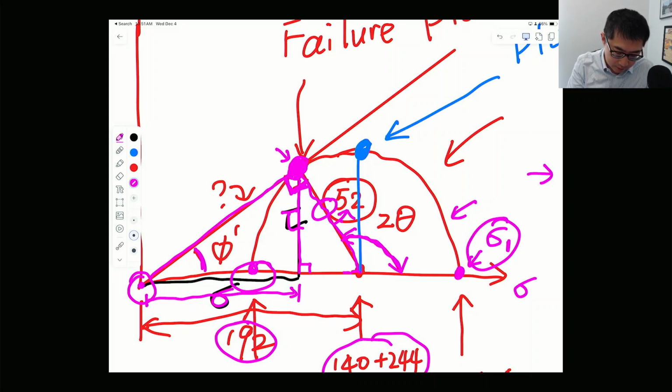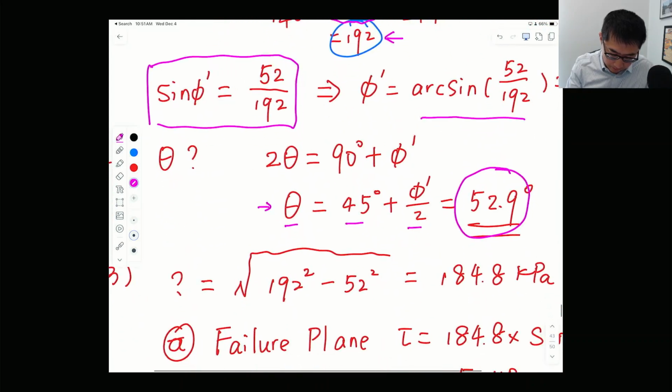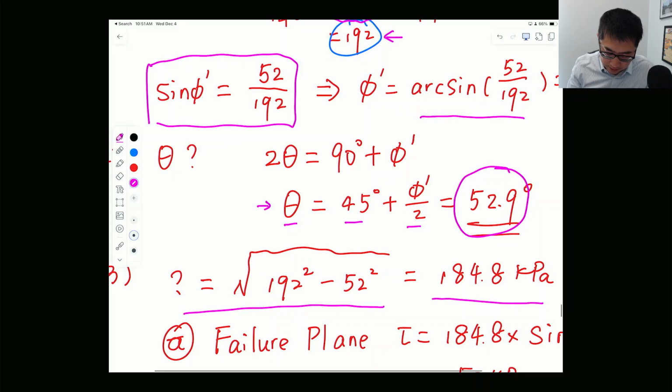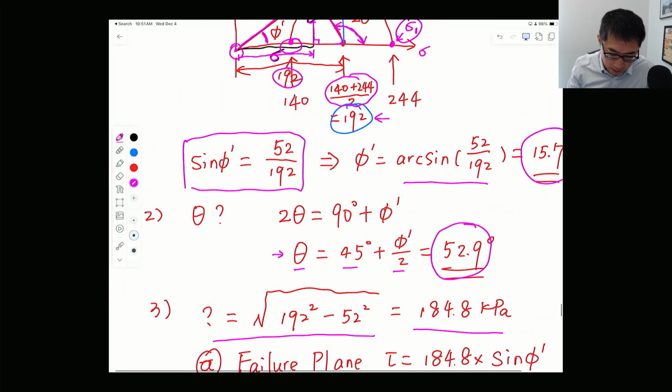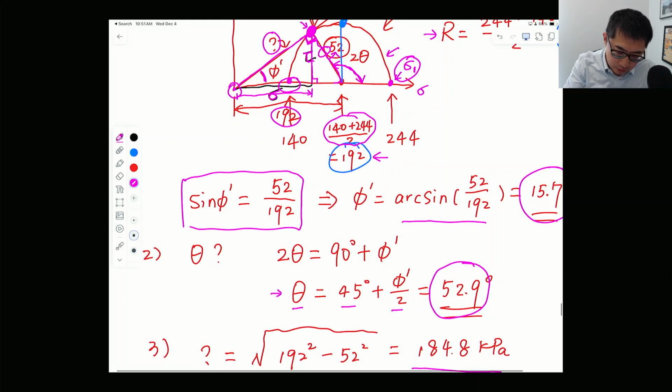So you can figure out this question mark by a simple equation. That question mark is going to be 184.8. And then you look at this smaller triangle and use trigonometry and also the friction angle you just calculated.